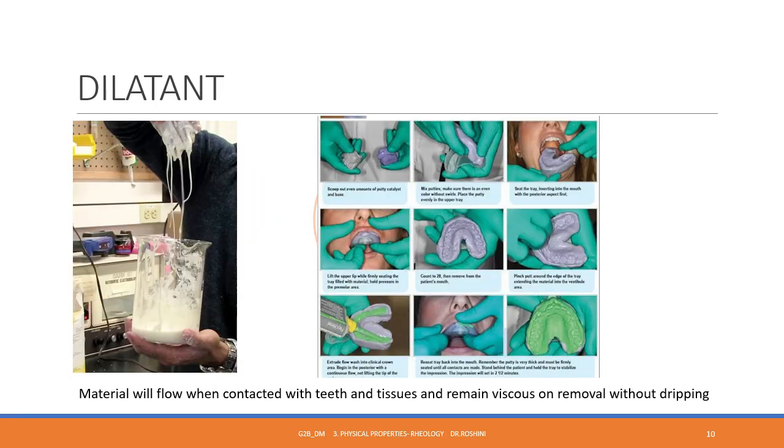So the next type of fluid what we are about to discuss is your dilatant. So this is the last type of fluid. In contrary to your pseudoplastic, here on applying shear force, the fluid will thicken. In pseudoplastic, your fluid will thin out. We don't find many day-to-day examples for your dilatant. So I have given the picture of a laboratory example where the person is mixing cornstarch in water.